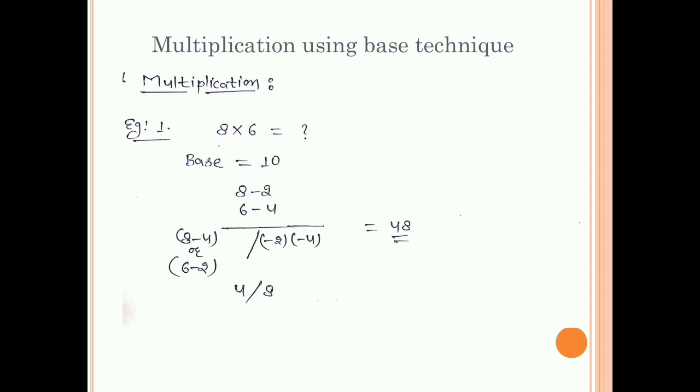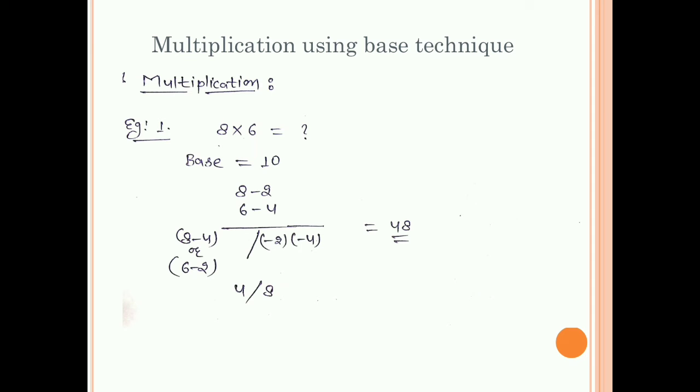So in this technique we write 8 minus 2, 6 minus 4, since 10 minus 2 is 8 and 10 minus 4 is 6. So this is the way by which we write this. To multiply these numbers, we will multiply the unit digits, since minus 2 and minus 4 are the two numbers that we multiply to get our unit digit.